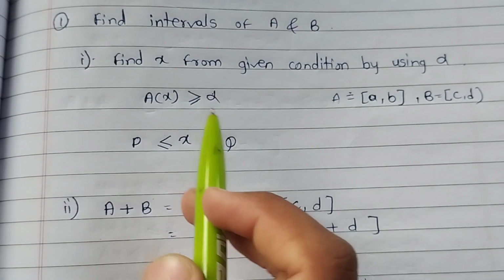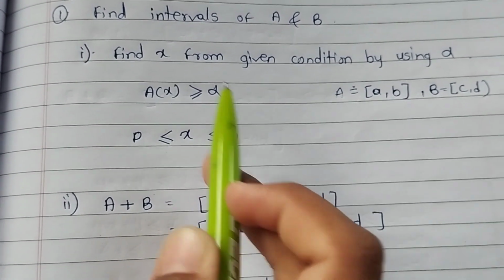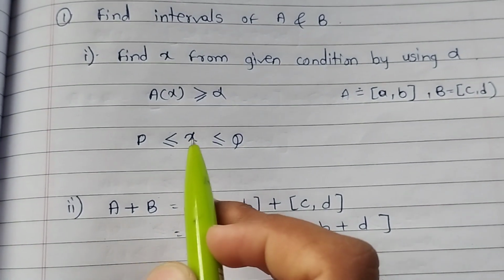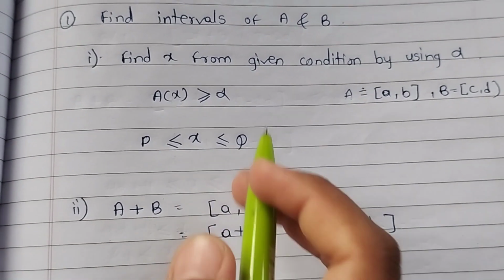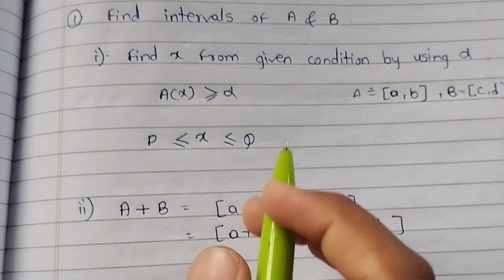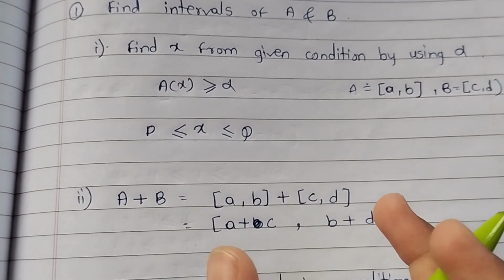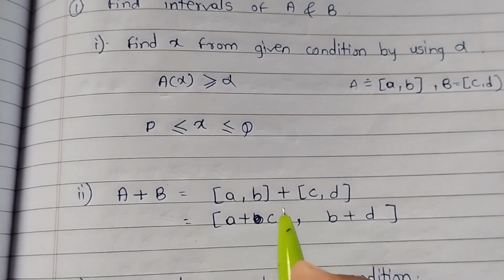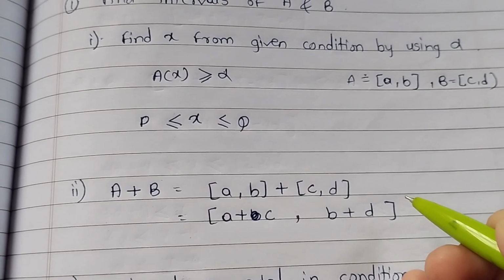So when we use alpha, we use the condition a of x greater than or equal to alpha, and from that we find the equation for x, and this x gives us the least and the most number, meaning the least and most conditions of the interval. Then we perform the addition of the two intervals, first with first, second with second. This is what we commonly do in the addition of two intervals.